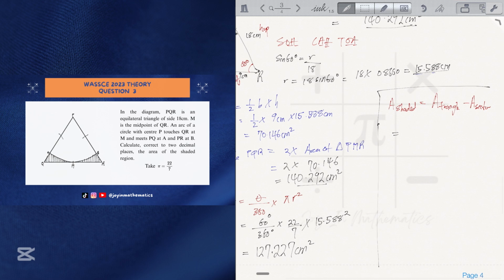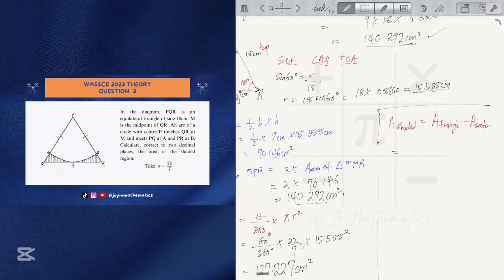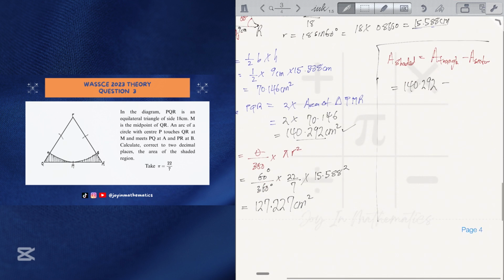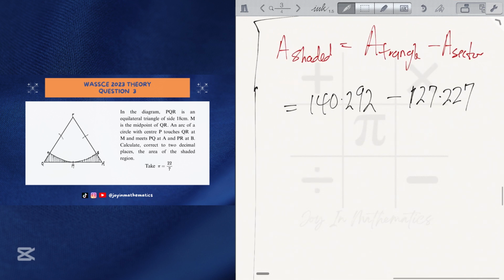The area of the triangle we evaluated using the two formulas is 140.292, and the area of the sector is 127.227. Now you subtract these, we'll have 13.065. Remember, the unit is centimeter squared.